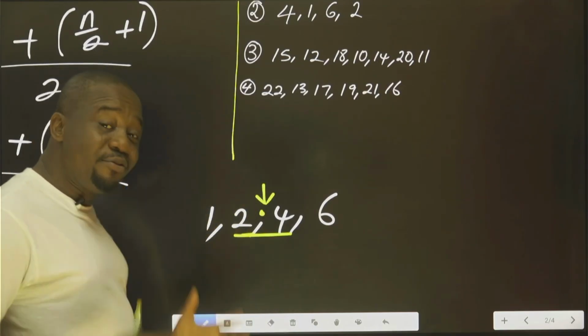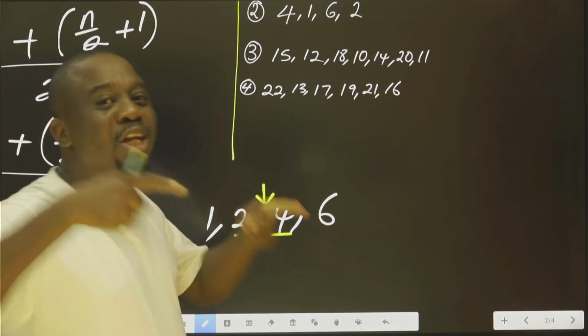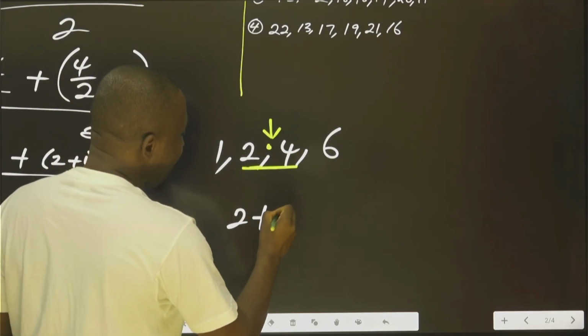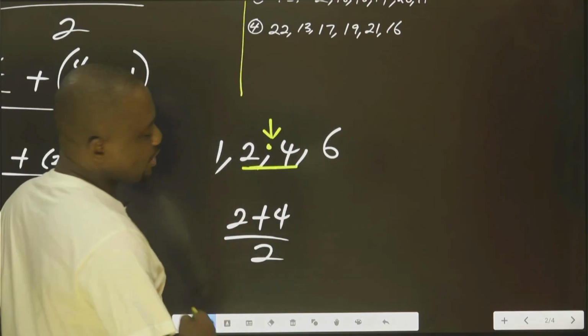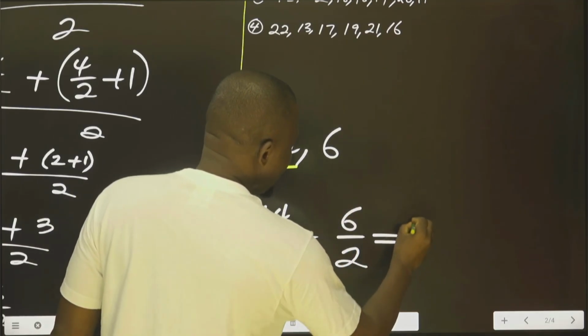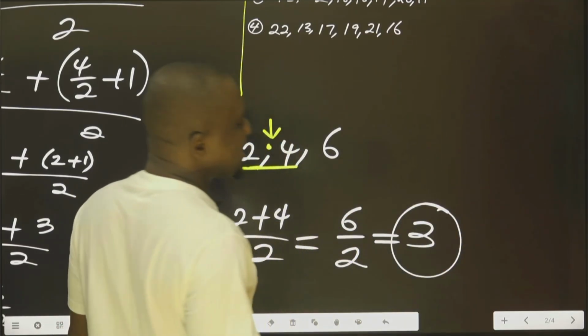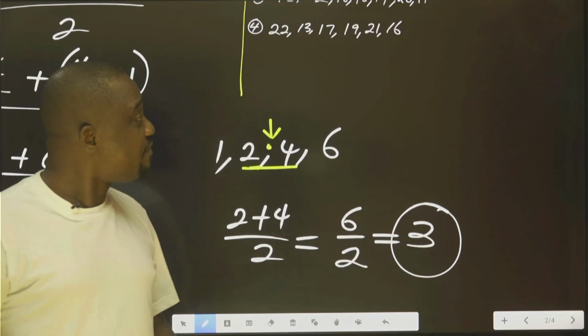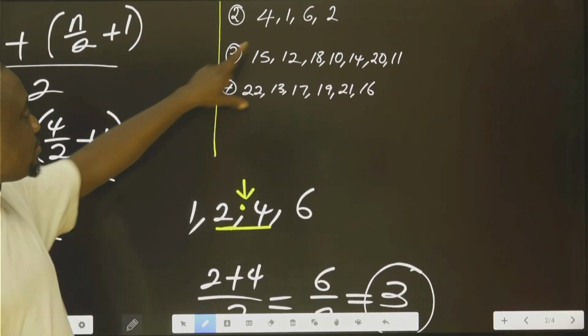For even, use the two center numbers, which means you add these two together and divide by 2. At the end of the day, you have 6 over 2, which equals 3. So 3 is the median of this set of numbers.